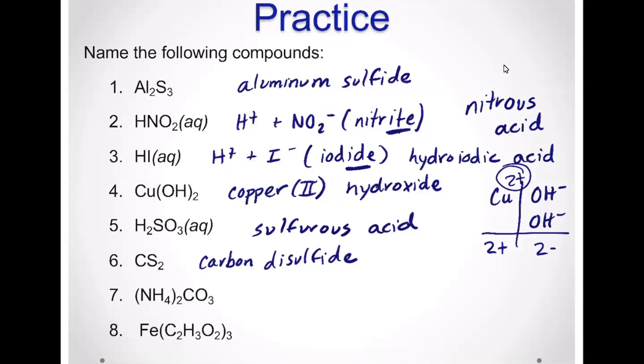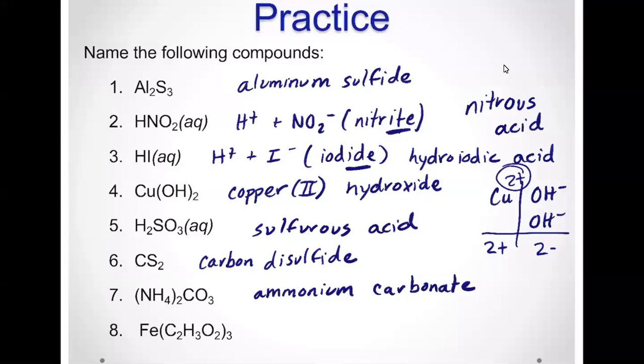Next one, we have ammonium and carbonate. That's a cation and an anion, so it's ionic. Two polyatomic ions, just write their names: ammonium carbonate. And then the last one, we have iron and acetate.